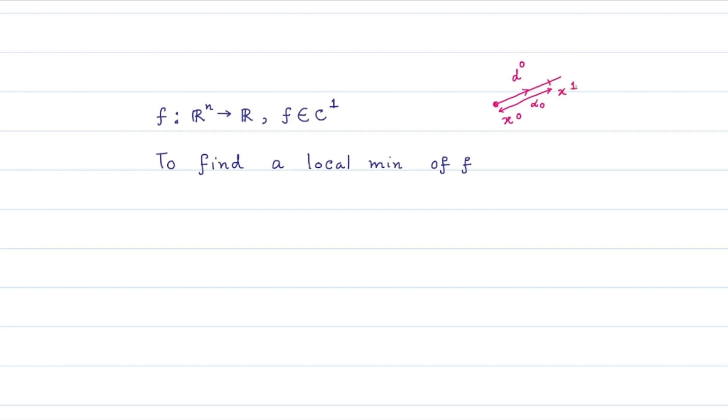Reaching x1, we identify a descent direction of the function f again. Let's suppose we choose this direction d1 to be a descent direction of f. After identifying d1, we take a step length, say an amount alpha 1, along the direction d1.